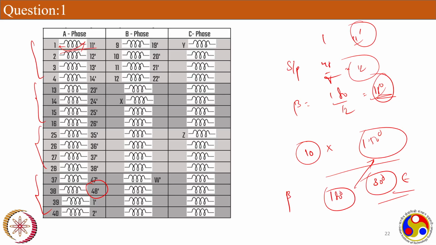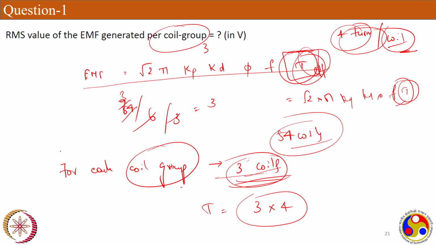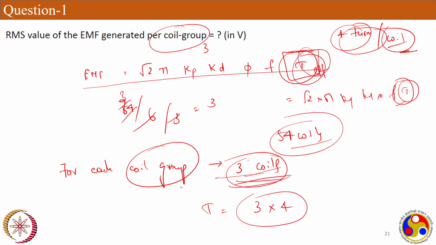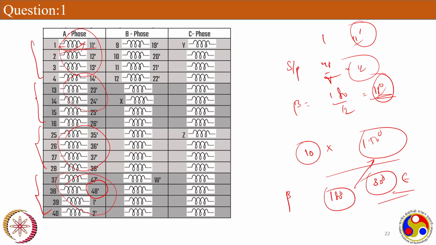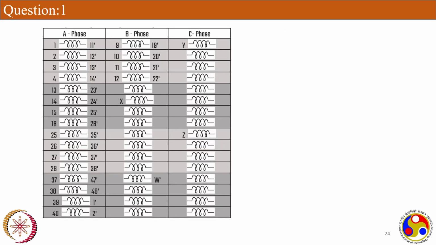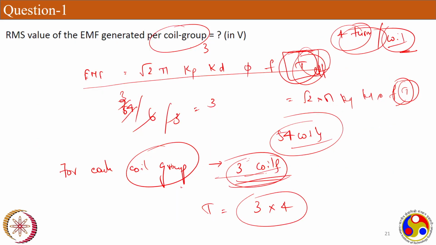Here the coil groups are 1, 2, 3, 4, I guess. If I need to calculate in such a way, how can I get that? I need to calculate the phase spread here. How much is the phase spread? Beta is the phase spread here, and it is given, sir, 60 degree.